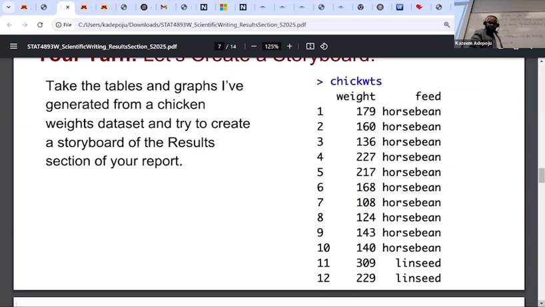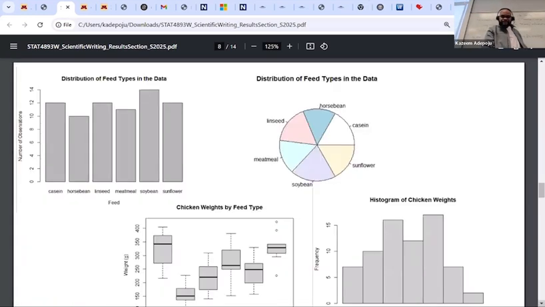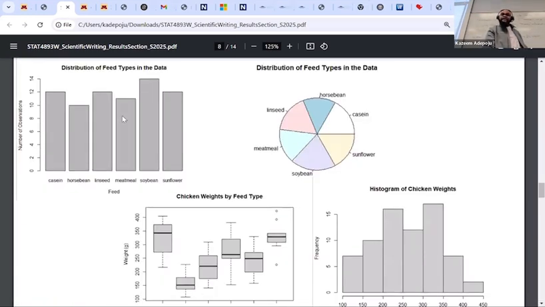But if you take a look at the way it is right here, it gives them the opportunity to see that soya bean actually is the biggest. They will be able to know the oxbean is the smallest. So take a look at that.